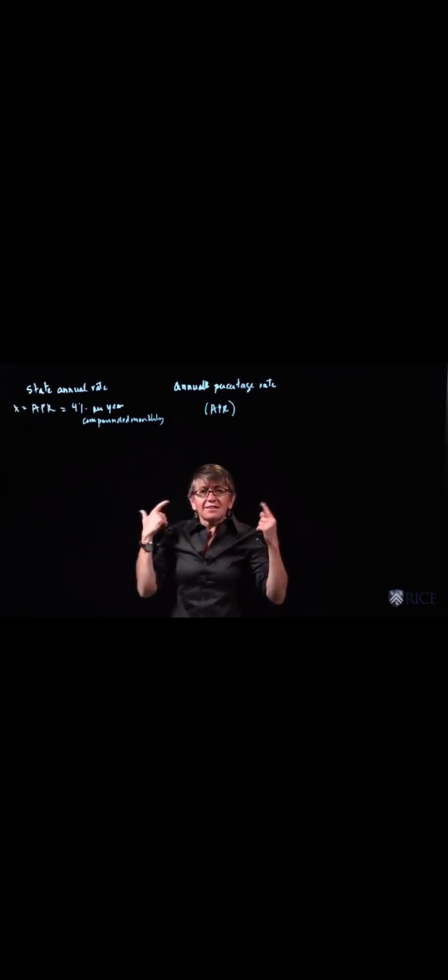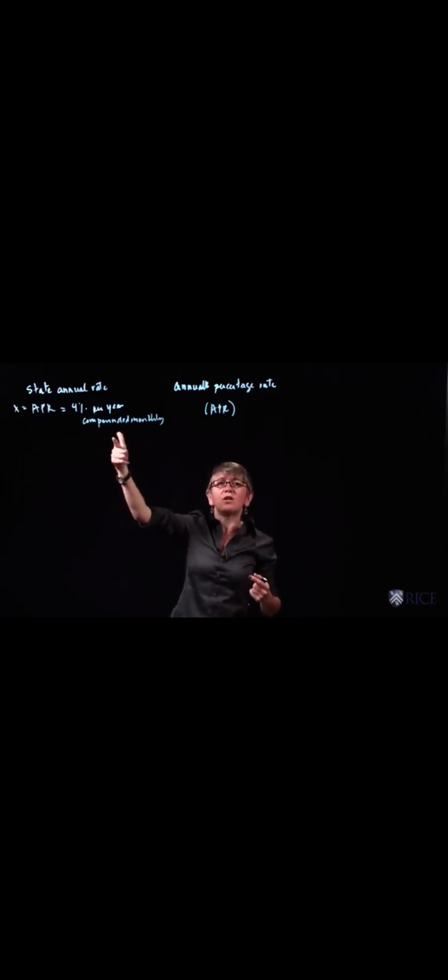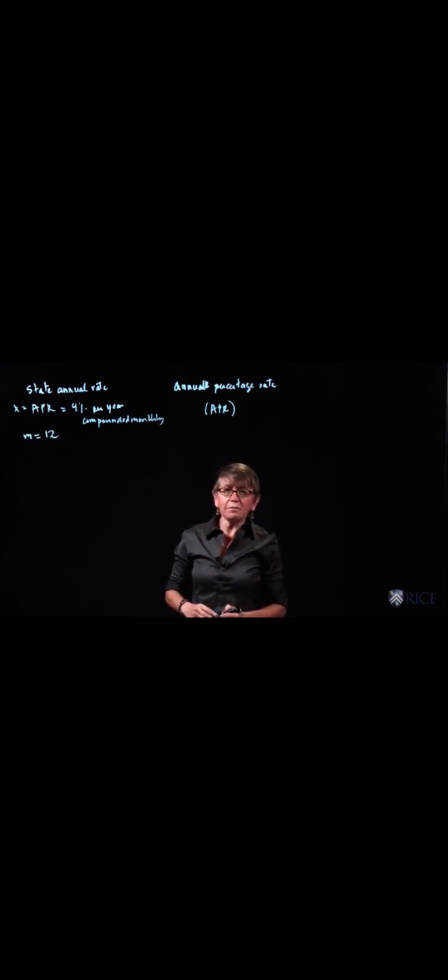Well, first we start by finding what the rate per compounding period is. Let me call this X. The stated annual rate is 4%. Now let's think about how many times this is going to compound per year. Well, it's being compounded monthly, and there are 12 months in a year, so it's going to compound 12 times.